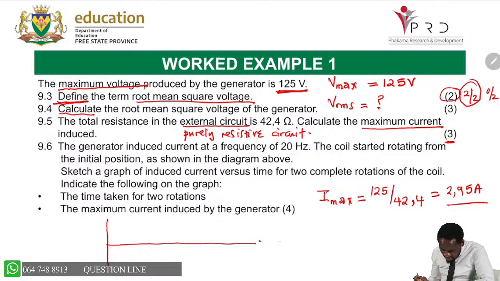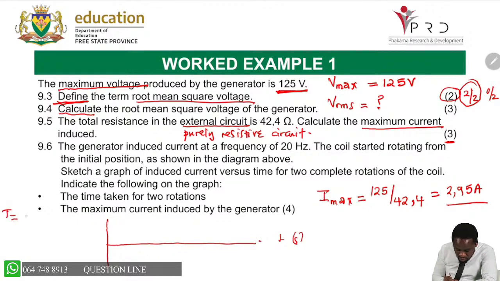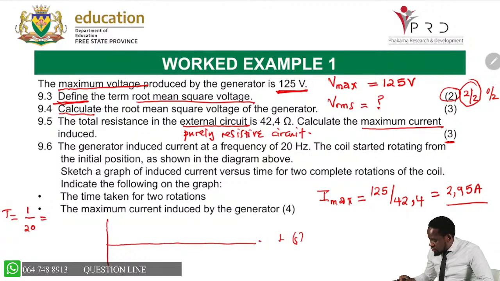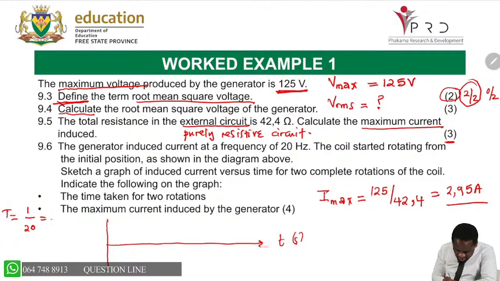So the generator has a frequency of 20 hertz. If it's 20 hertz, the period is equal to 1 over 20, which gives a period of 0.05 seconds. So it takes 0.05 seconds to make 1 complete cycle.